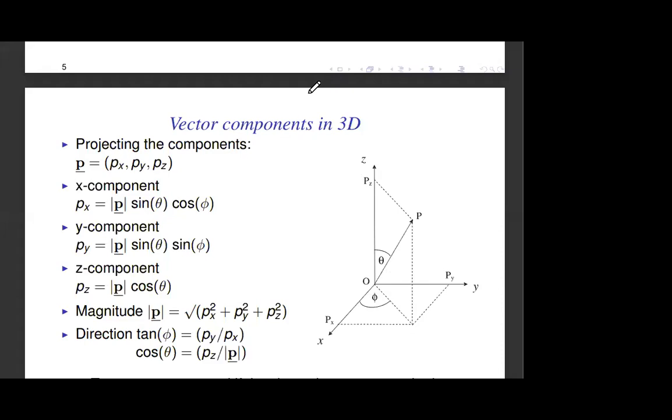No, three-dimensional vectors. You know that our world is three-dimensional. If you take an object, if you consider a cube, it has three dimensions.